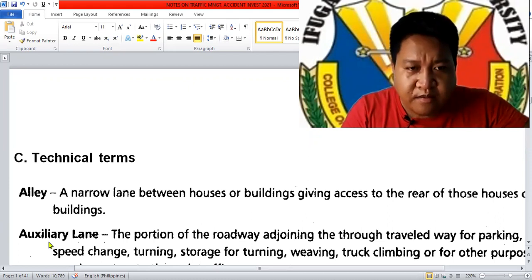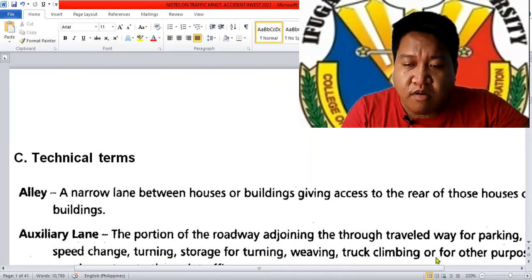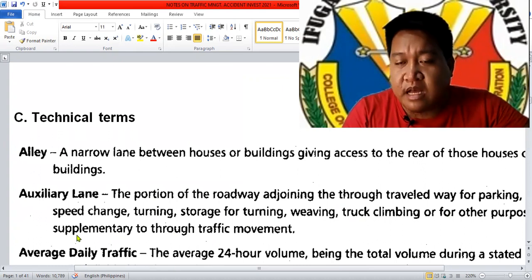Then the next term is auxiliary lane. This is the portion of the roadway adjoining the through traveled way for parking, speed change, turning, storage for turning, weaving, truck climbing, or for other purposes. So auxiliary is a supplementary lane.